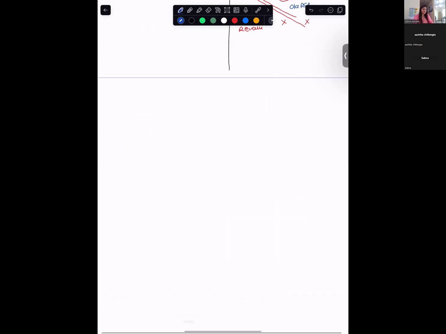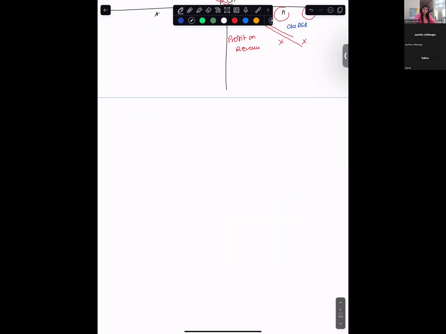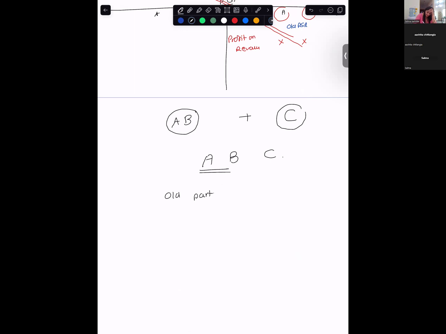There were some basics that I forgot to drill in you. I have my partners A and B. They decide to bring a new person C into the partnership firm, making a firm of A, B, and C. A and B are called the old partners, and C is called the new partner.